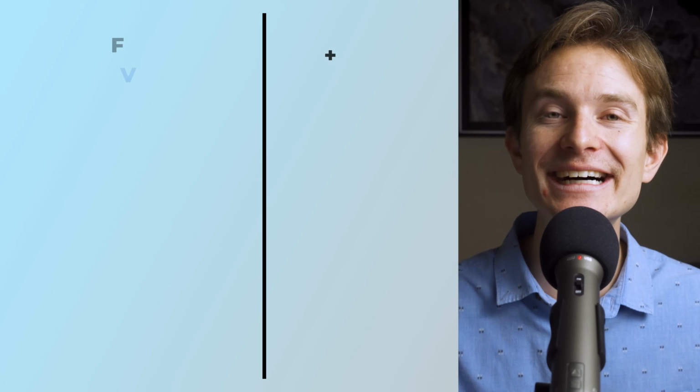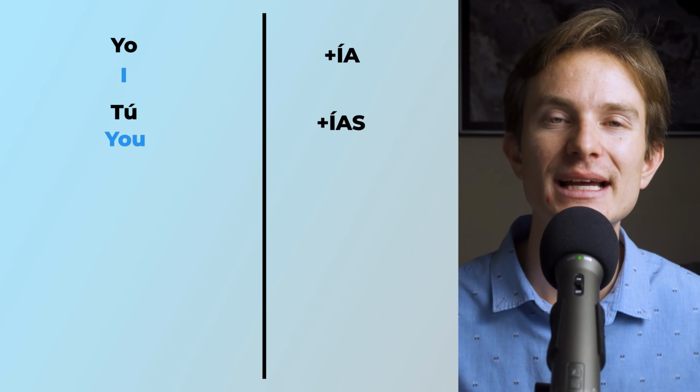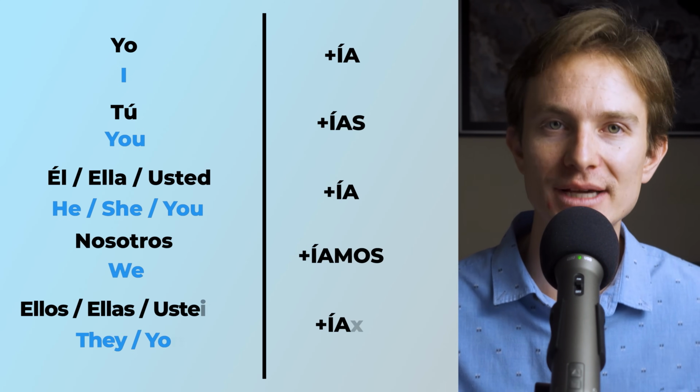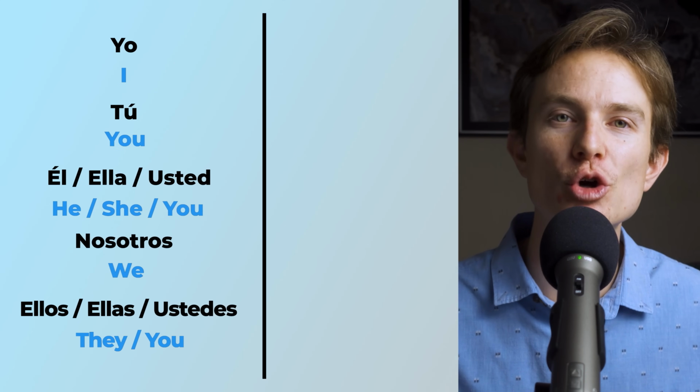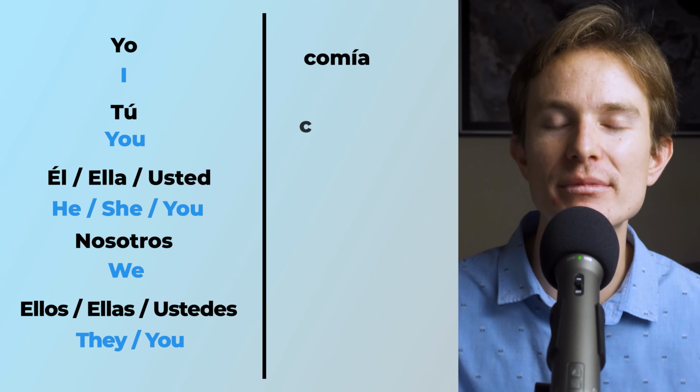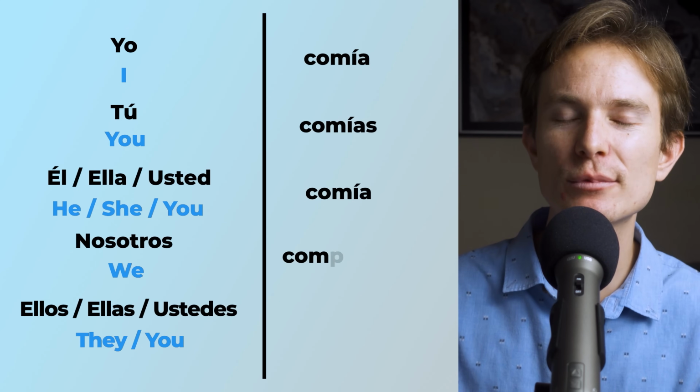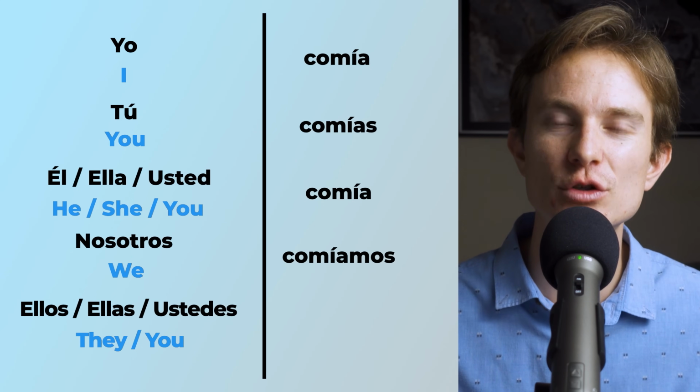And just like in the preterite tense, the great thing is that in the imperfect tense, for any regular ER or IR verb, they will have the same verb endings. So, for example, ía, ías, ía, íamos, and ían. Okay? So, an ER verb like comer, yo comía, tú comías, él, ella, usted comía, nosotros comíamos, ellos, ellas, ustedes comían.